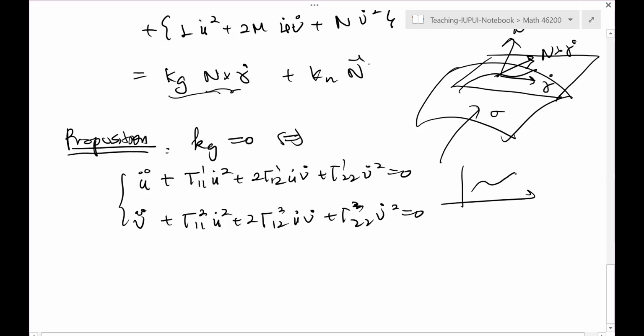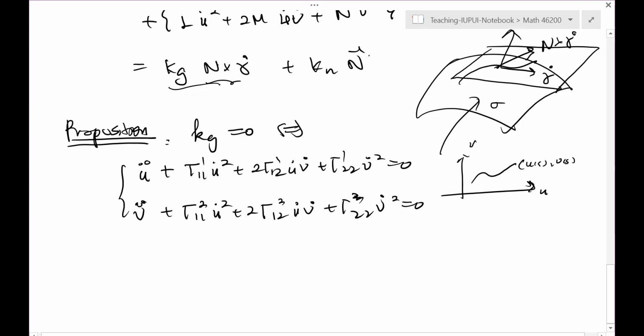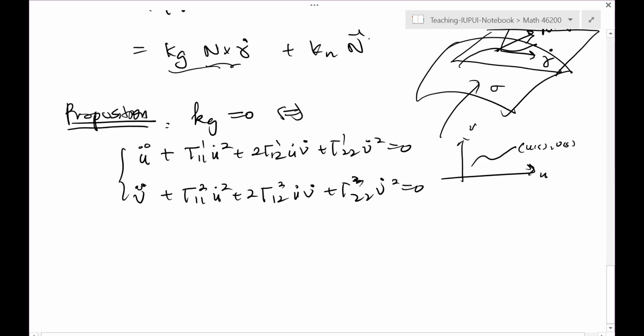As long as you can describe the curve u(s), v(s), once sigma is fixed, then you can describe the curve on the surface, and that is a geodesic, right? And the u and the v satisfy these second order differential equations too.